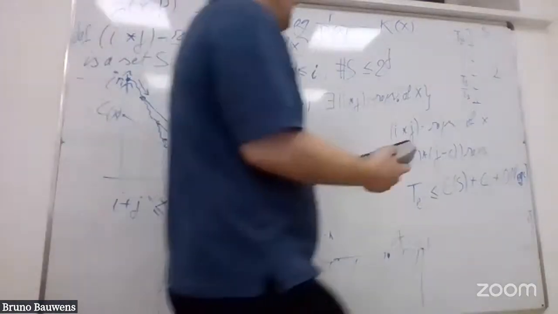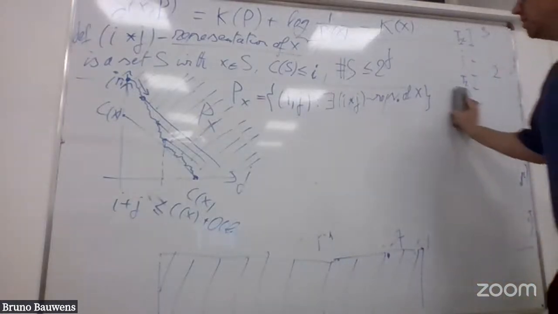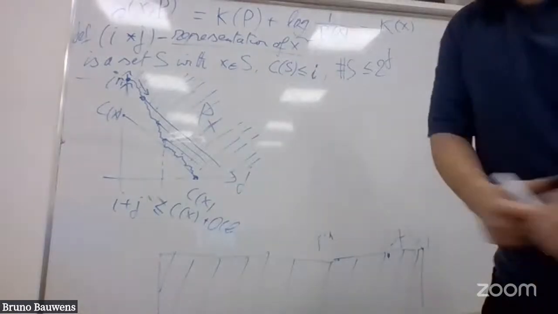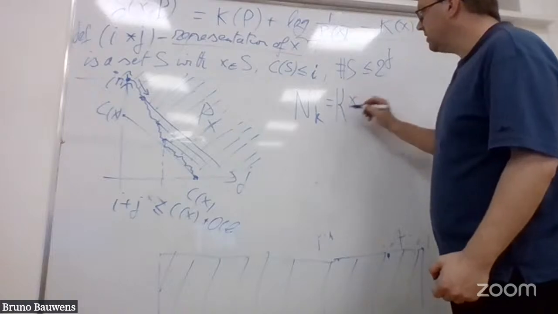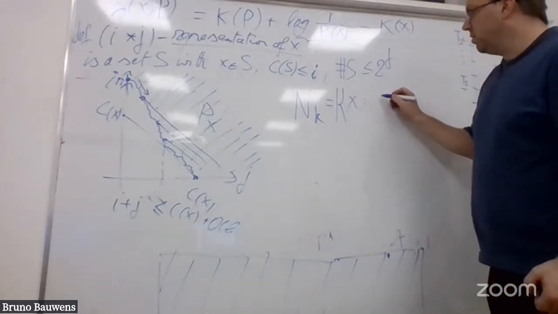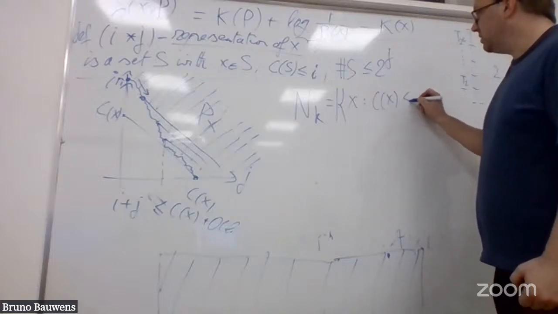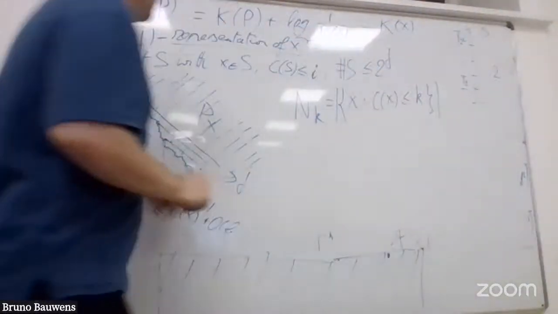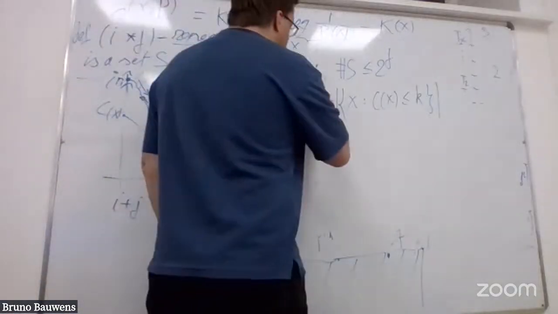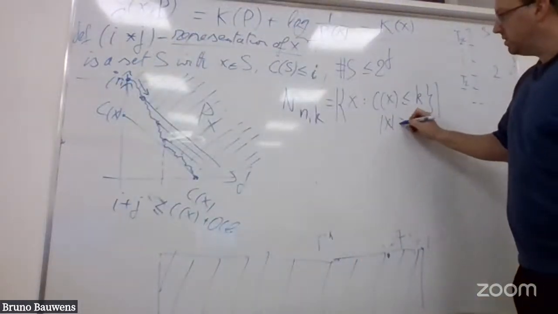And to define the string, we will consider a special number. There's the number nk, and it's equal to the number of strings x for which complexity is smaller than k. Okay, and I will use the set description, so I need to be a bit more careful. I will use n, and I require that the length of x is equal to n.